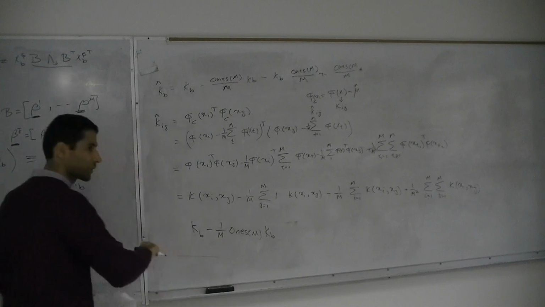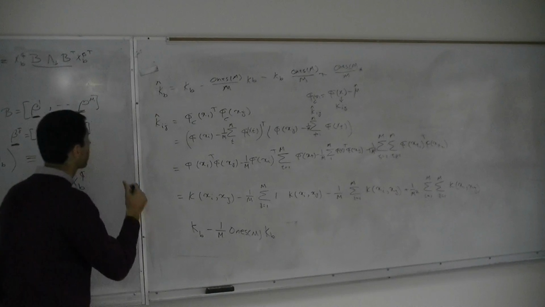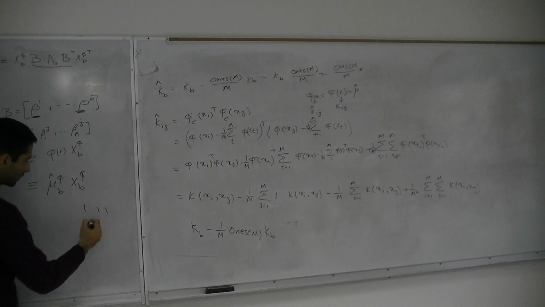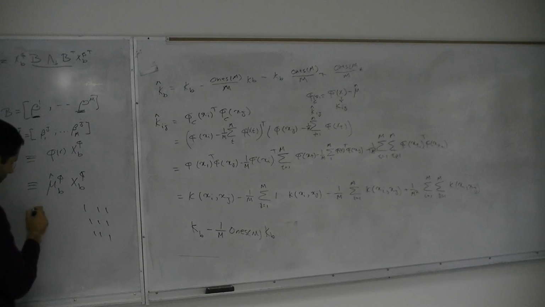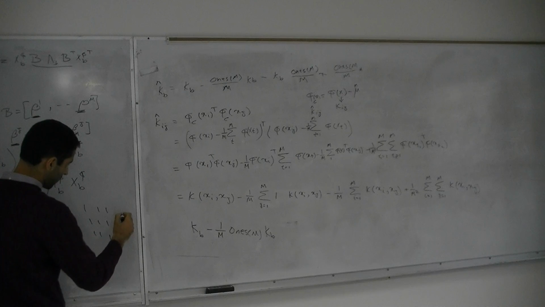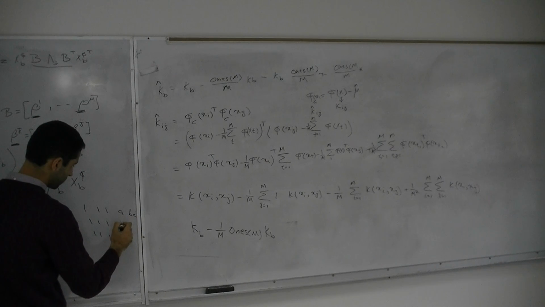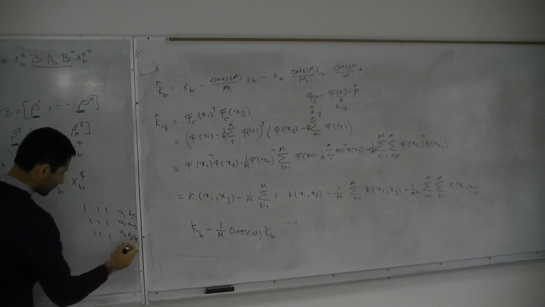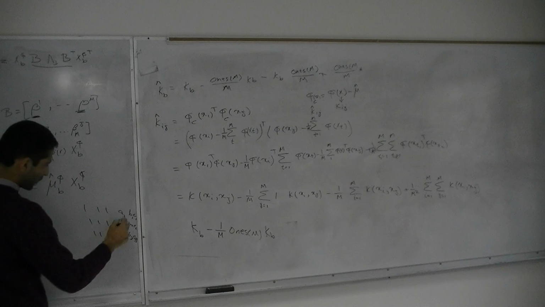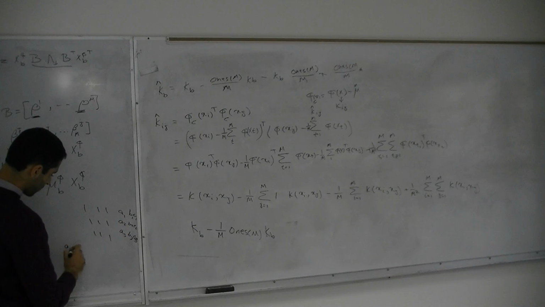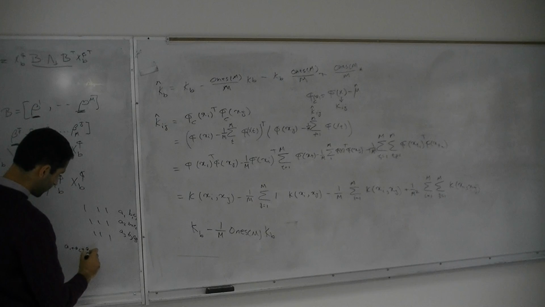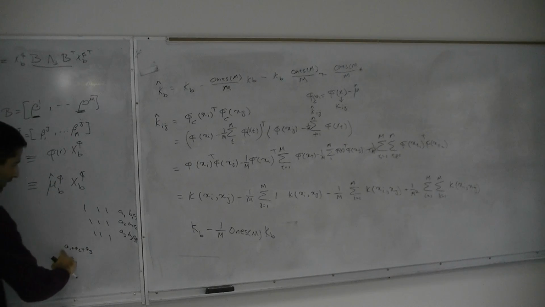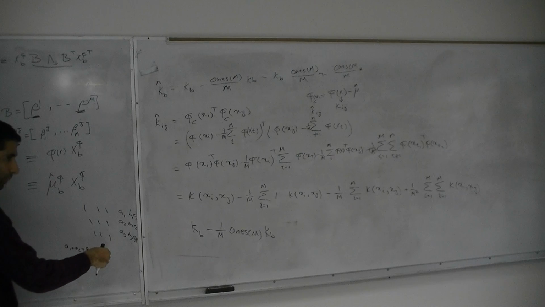Okay, because if for example we have 1, 1, 1, and we have another matrix A1, B1, C1, A2, B2, C2, A3, B3, C3, if you do the multiplication first row to first column, it's A1 plus A2 plus A3, and this is the summation of one column, okay?